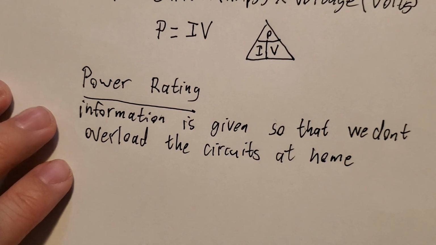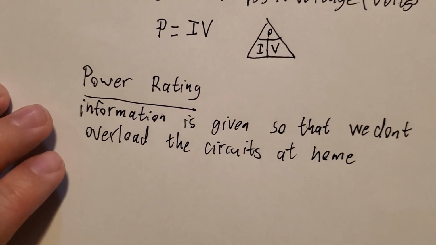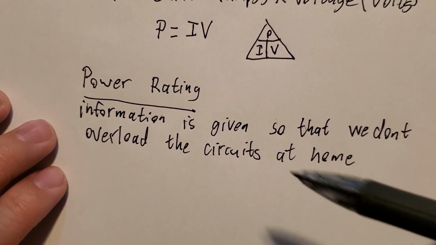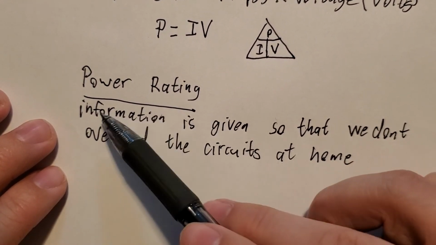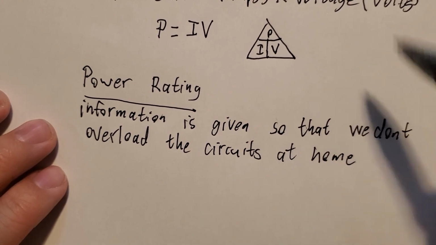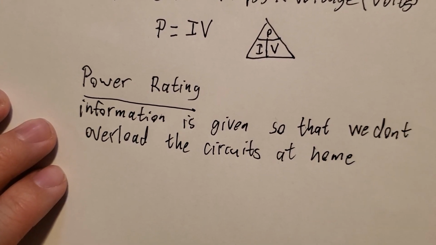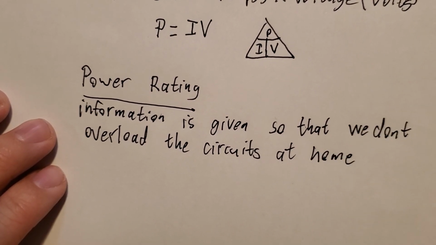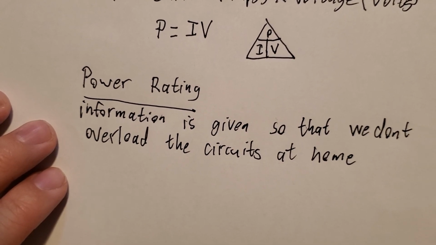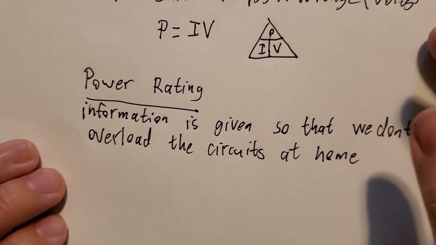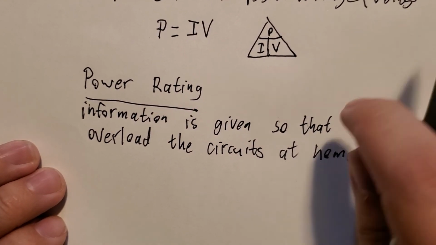If you've ever had the experience where a breaker goes off and everything shuts down, it is likely because the total power rating of all the appliances on that circuit or breaker was too much. So the breaker goes, and a breaker is a switch, and it opens the circuit so that it doesn't run anymore. That prevents it from overloading and overheating and worse stuff happening. So that's why we have this.